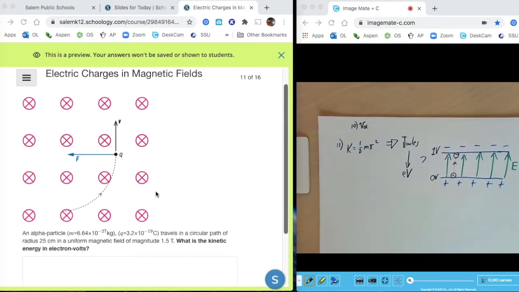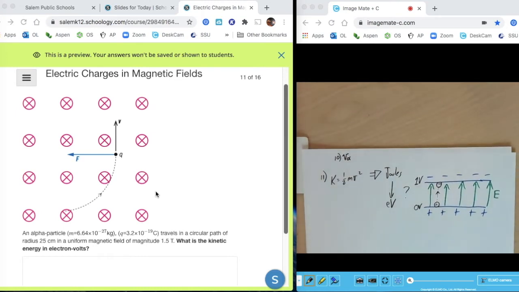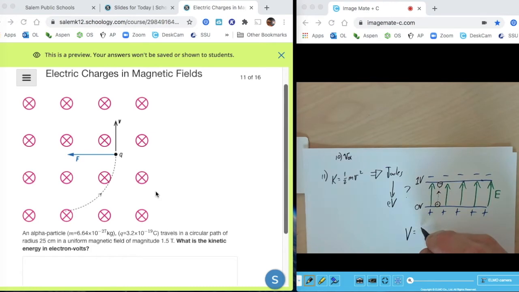I'm going to have to do work, right? Because there's a force interaction here. It's attracted to this plate, and it's repelled from that plate. So I have to push that thing in order to get it to go up the voltage gradient. So how much work do I have to do? Well, let's pull out our definition of voltage, which is electrical potential energy per charge.